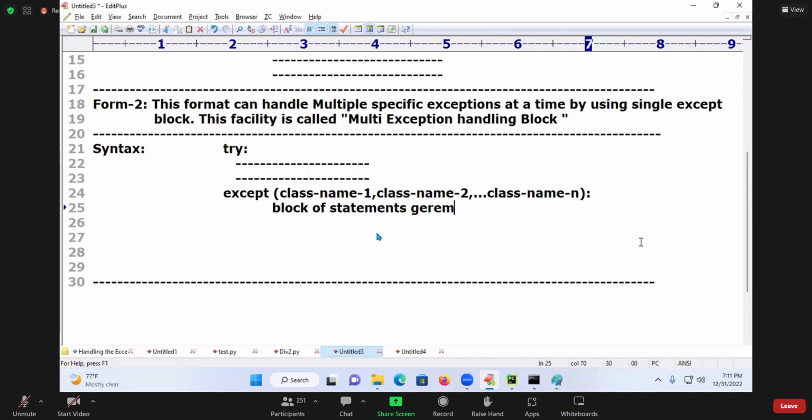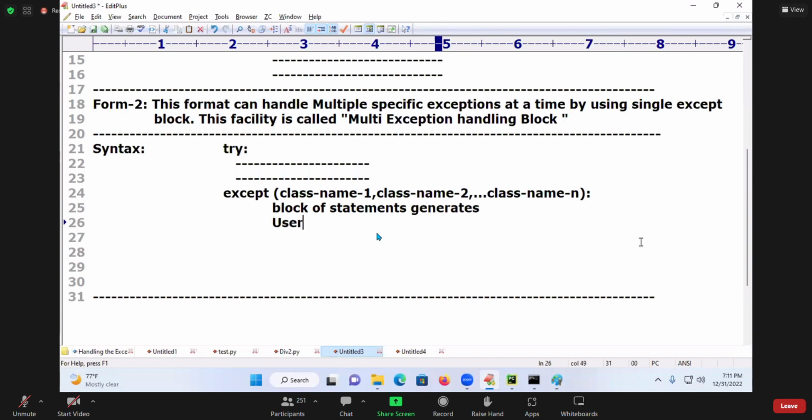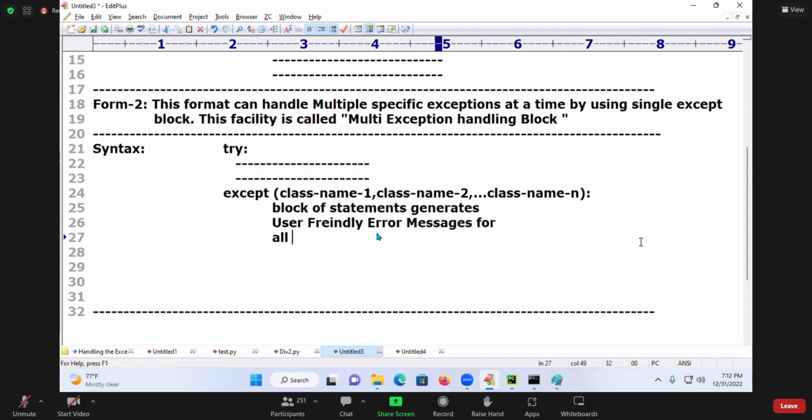It's important, students. Here I need to write what you know: a block of statements that generates user friendly error messages for all specific exceptions.